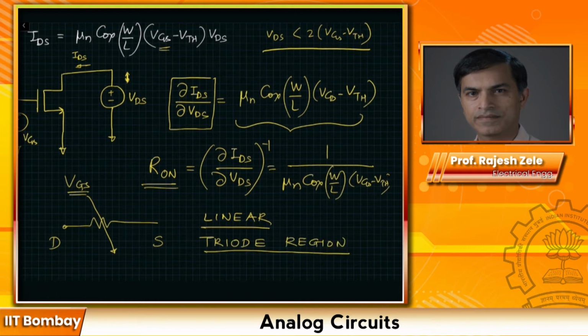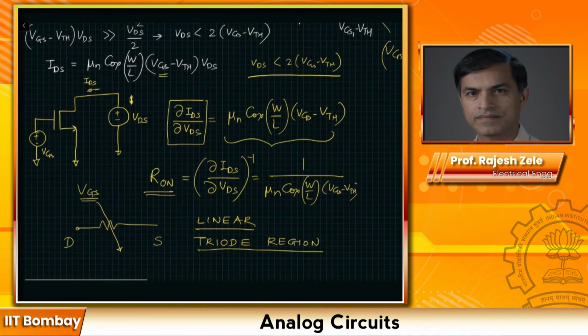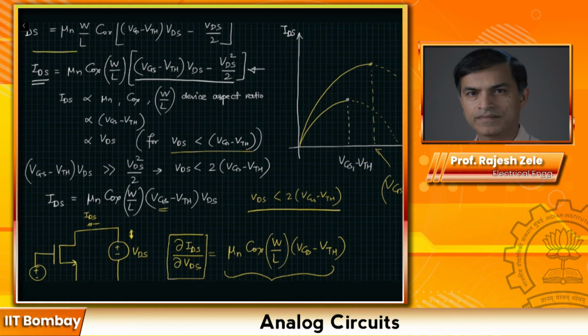So what we have learned so far is the transistor equation based on carrier transport, and we say that if VDS is small, then the resistance looking into the drain to source region looks like a constant value, which is the reciprocal of mu n Cox W by L times VGS minus VTH.